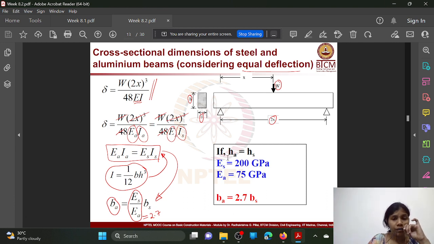Suppose you take the height of the aluminium and steel cross section as same, and ES value is 200 gigapascal, EA value is 75 gigapascal, then you can see the width of the aluminium required for the same deflection is 2.7 times the width of the steel. That means higher sections are required for aluminium. That's why it is not advisable, because cost wise it is not beneficial.